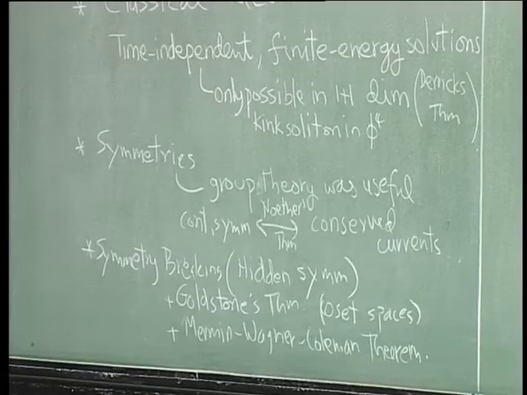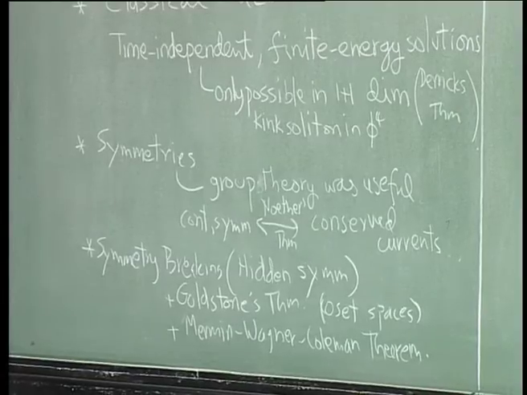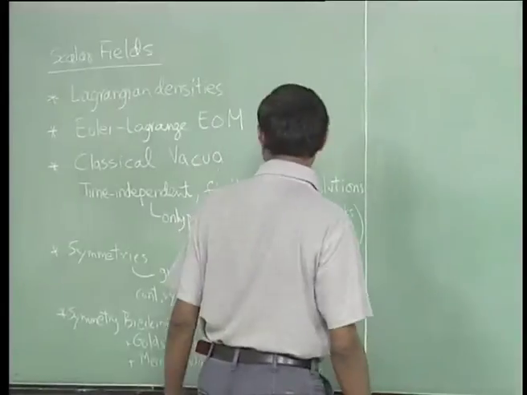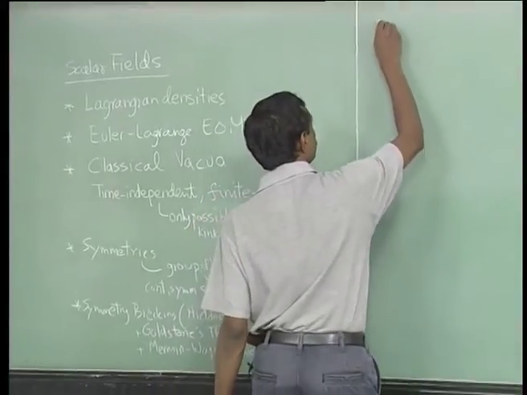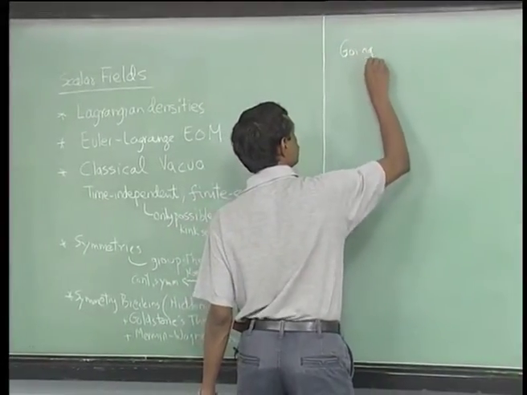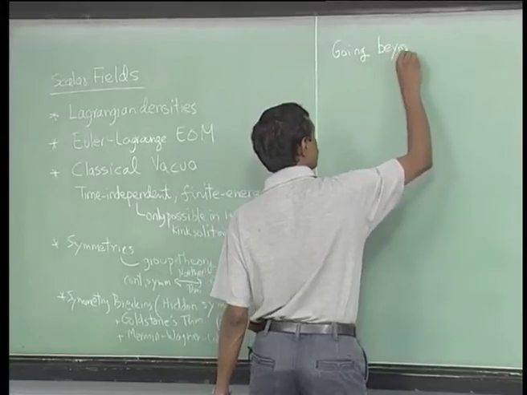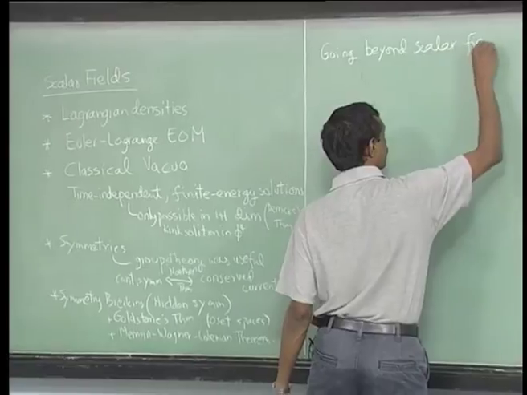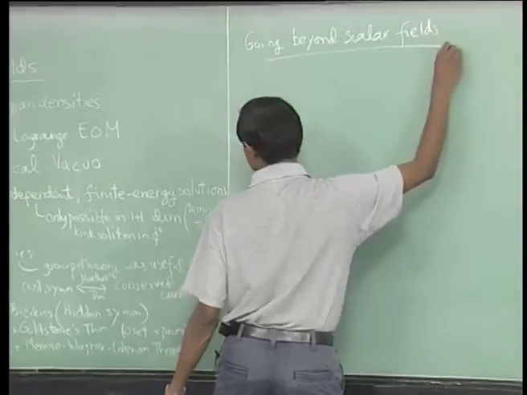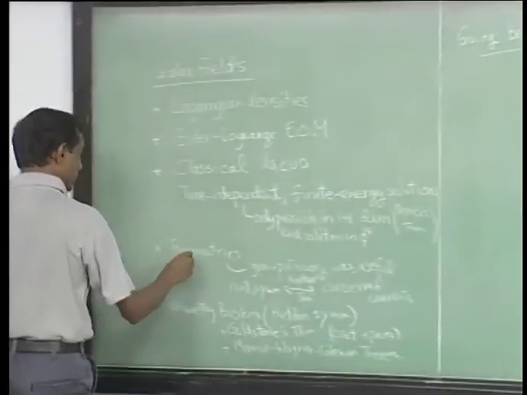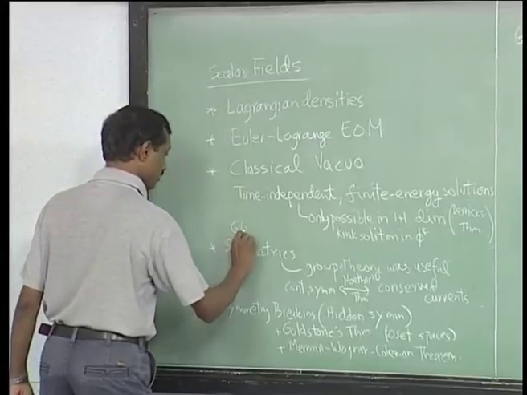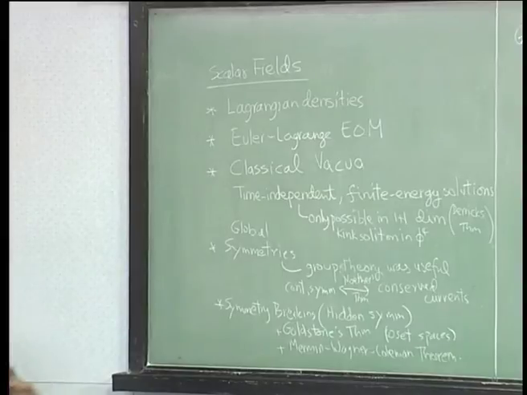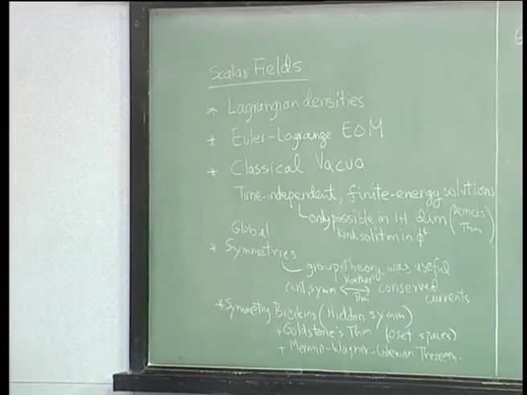But the way we went beyond scalar fields was this. All these symmetries which we looked at, we redefined them to be global symmetries because they did not depend on space and time.